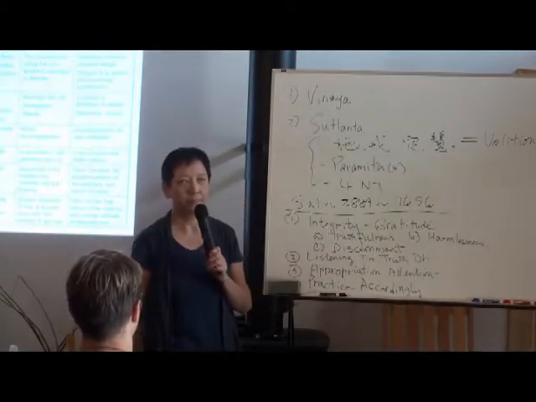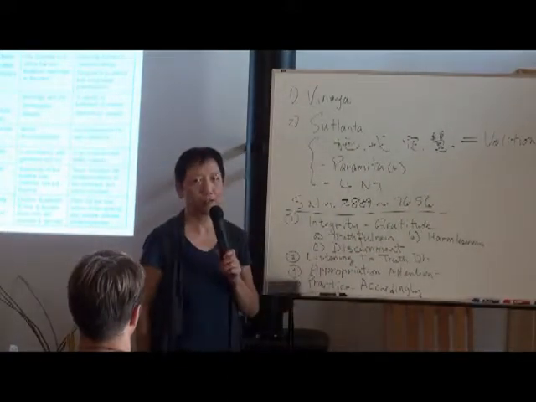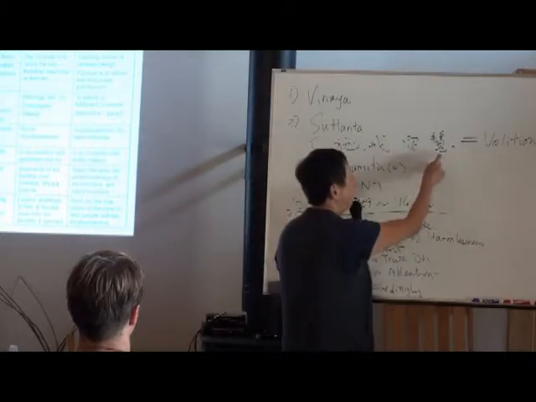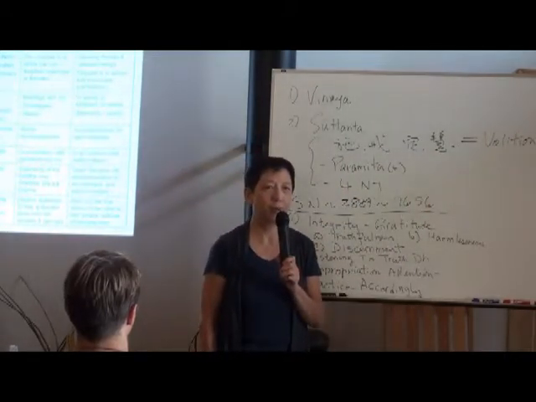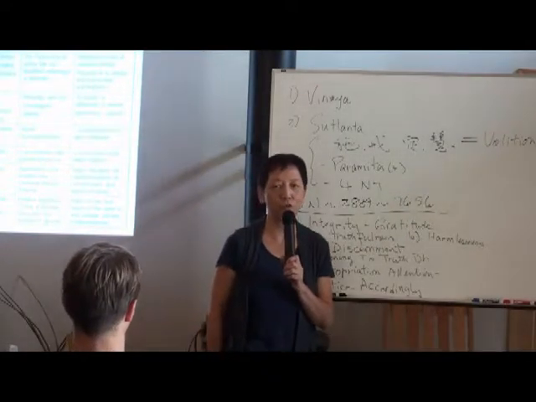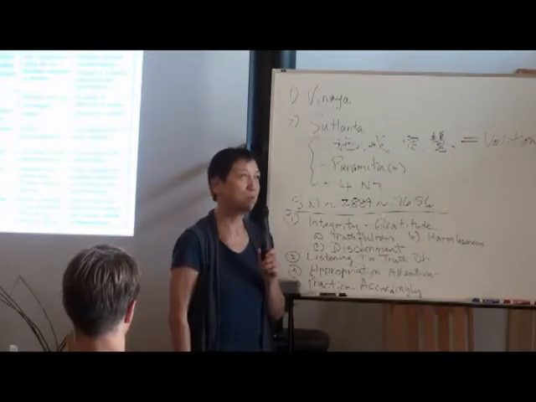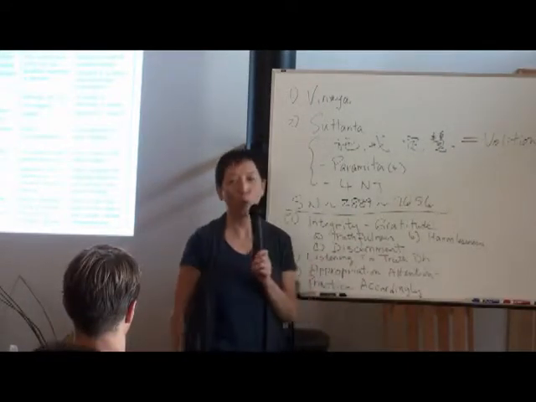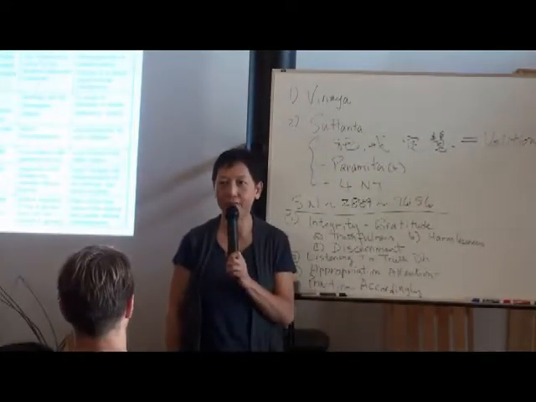Sila, morality. Samadhi, concentration. And reaching the final goal of developing wisdom. And this is not just smartness. This is not just the ordinary wisdom where we think I'm smart, I can memorize all those. No. The wisdom is what we call transcendent wisdom.